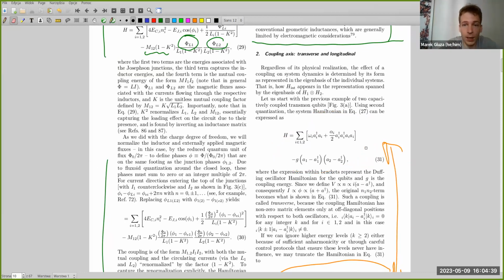So when we have n, we have basically this anharmonic mode in each qubit, which has its creation annihilation operators a_i, where i is the index of the qubit.